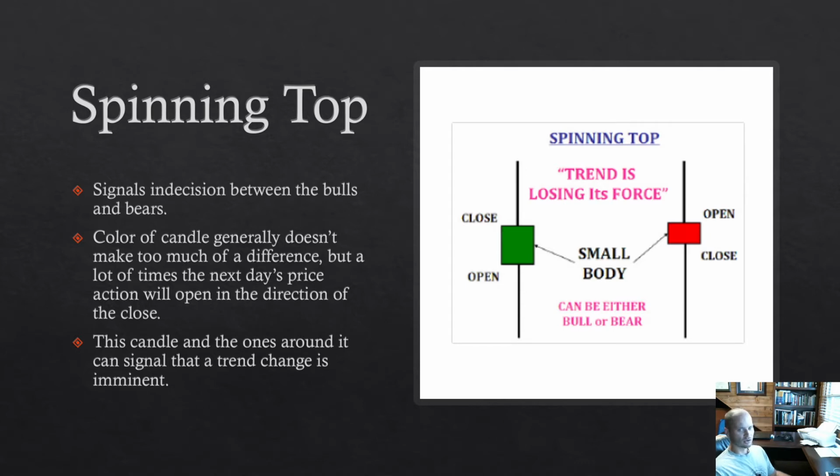So most of the time, if this candle was to close, it would close green, right? So the next candle would probably be green, and the same with this one, it would probably be red.